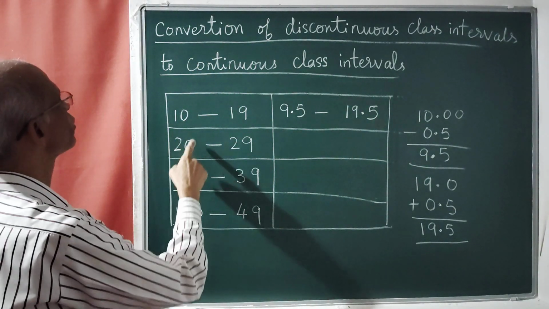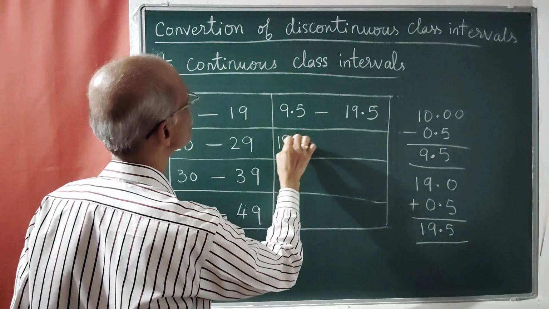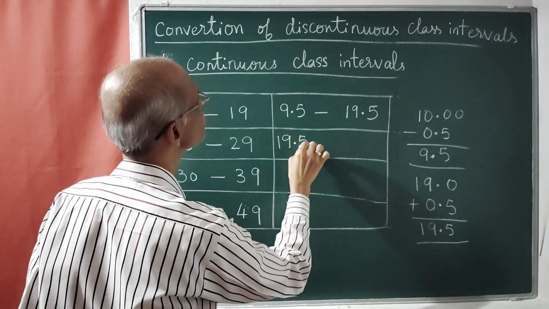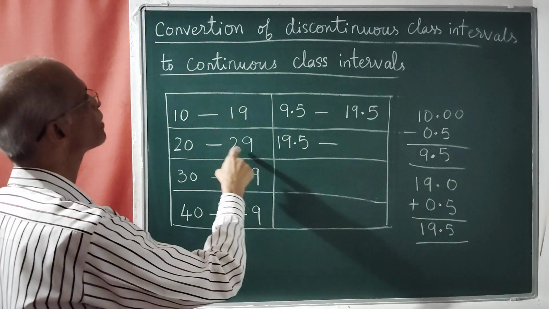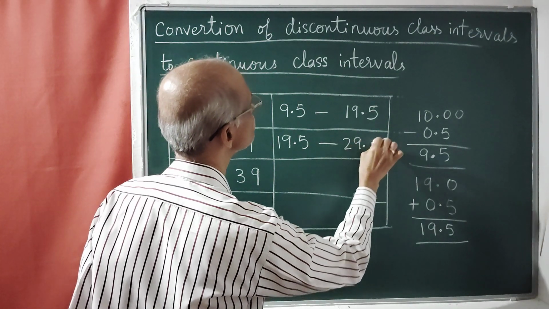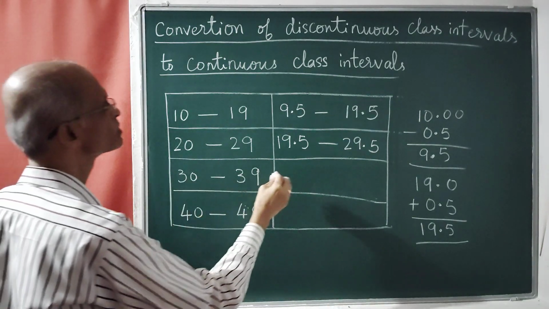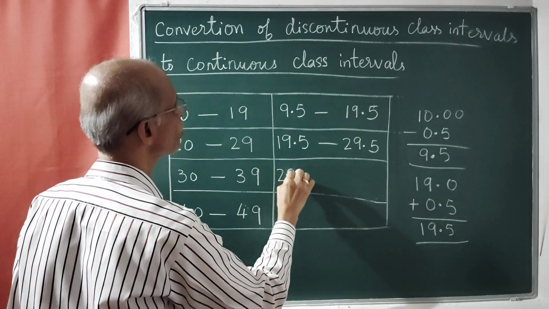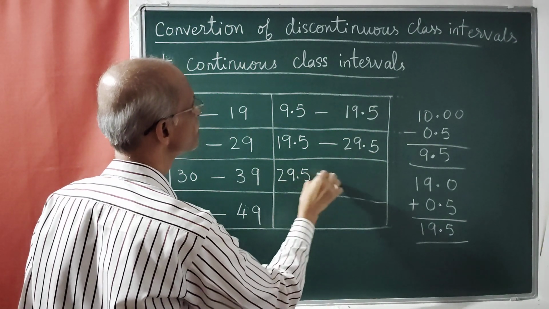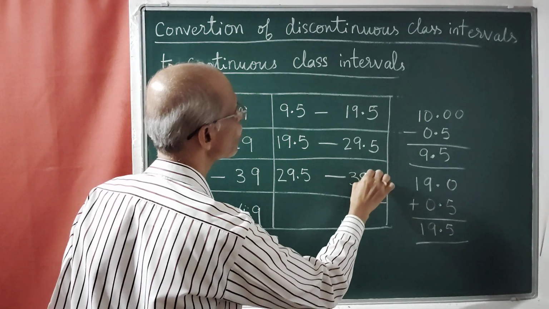Again, from this also we have to subtract 0.5. Then we will get 19.5. We add 0.5 to this, we will get 29.5. Subtract 0.5 from this, 29.5. Add 0.5 to this, 39.5.